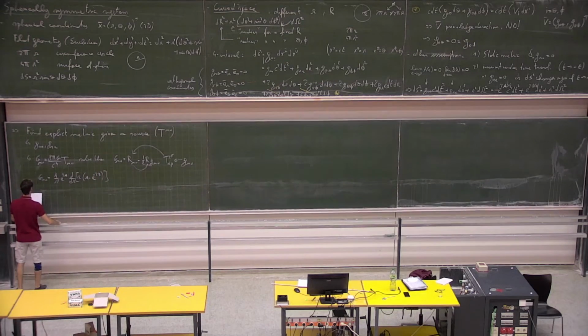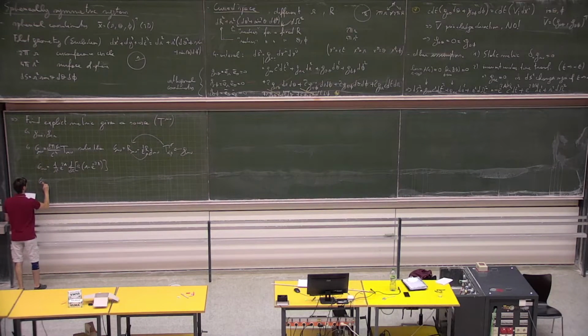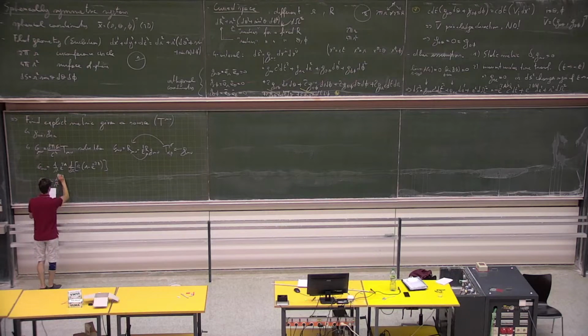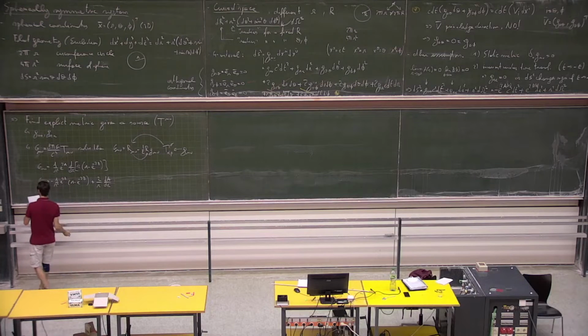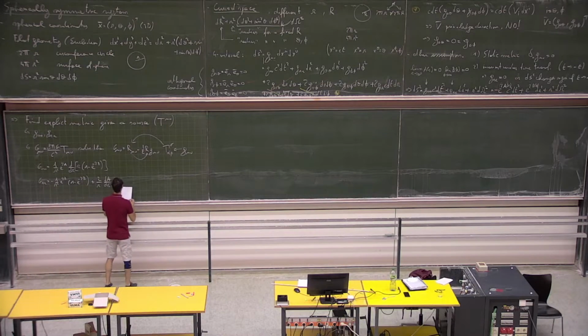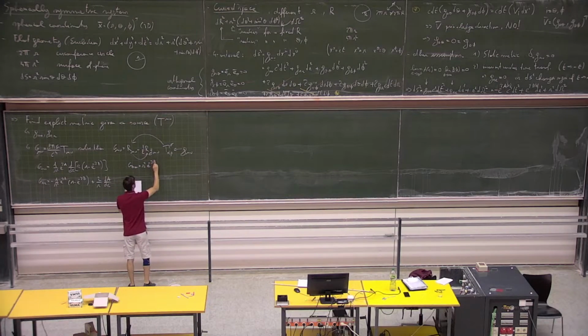Then we have GRR, which is equal to minus 1 over r squared, e to the 2b, (1 minus e to the minus 2b), plus 2 over r, da over dr. Then we have g theta theta, which is equal to r squared, e to the minus 2b, times a'' plus a' squared plus a' times (1/2 minus b') minus b' over r.